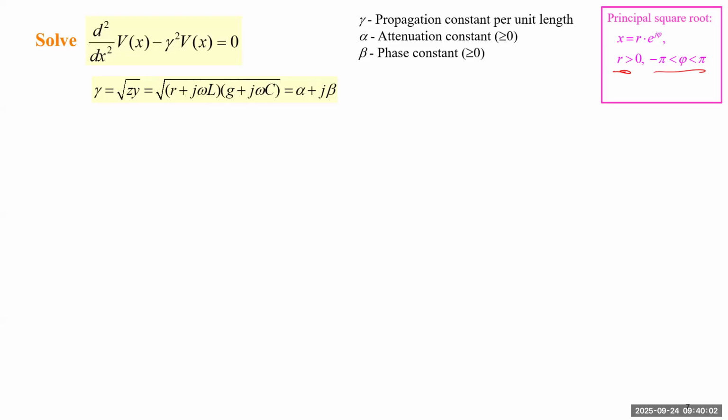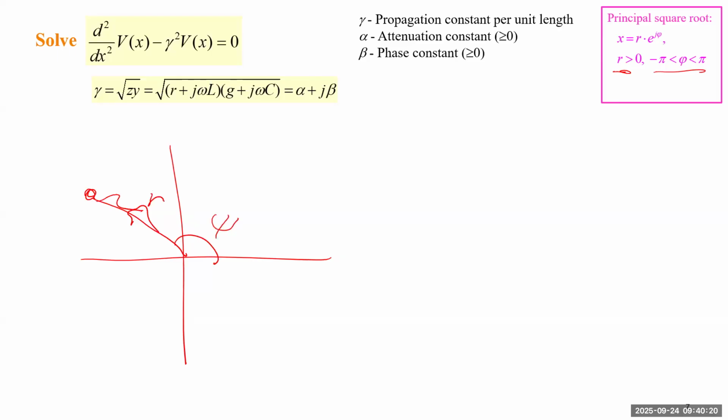All right, so for instance, if you have a complex number that falls into the second quadrant, this distance will be R, and this angle will be phi. You cannot use the other angle, right?